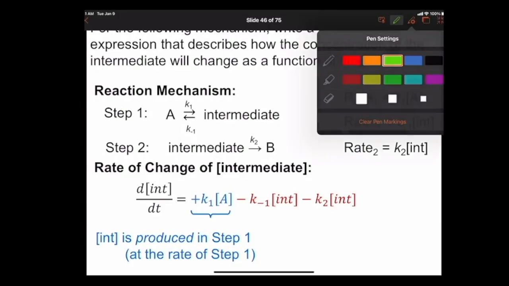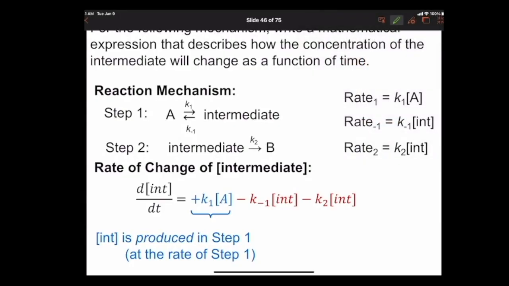So look, if I take the forward rate constant, A going to intermediate, we are forming intermediate with that step. That's this one right here. So if I just want to watch how the intermediate changes with time, not the concentration of intermediate, but how the intermediate changes over time, well, there's three things involved.